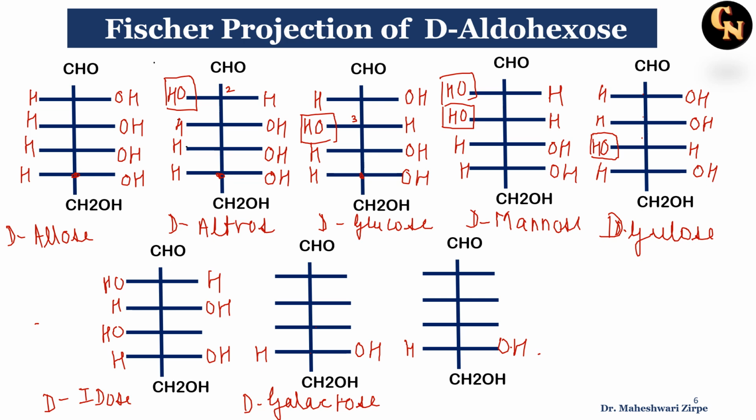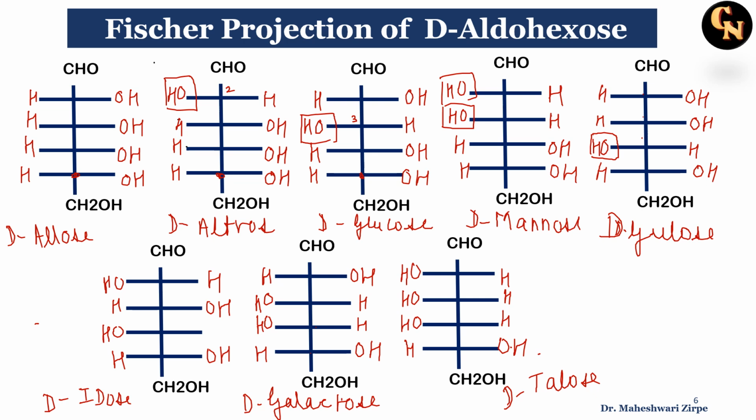In galactose, you will find that the OH of the third and fourth carbon are on the same side, whereas the second carbon is the other way. And the last isomer of hexose is talose, where the change is that only the second last carbon OH is on the right hand side, all the rest remain on the left hand side.